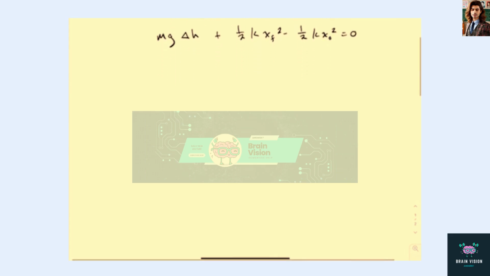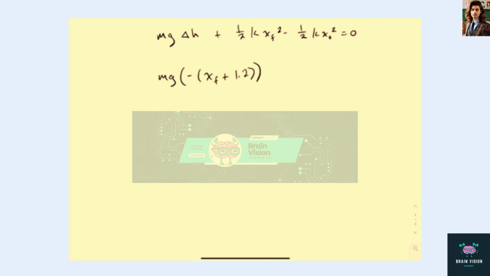Now the change in potential is going to be mg, and the change in height is negative because we're falling down, and the total distance it travels is going to be the 1.2 meters plus however much the spring stretches, which is x final. So this is going to be minus x final plus 1.2 meters. Now x initial is 0 because it's not stretched at all, so this term we don't have to worry about, and we just get plus 1/2 k x final squared.